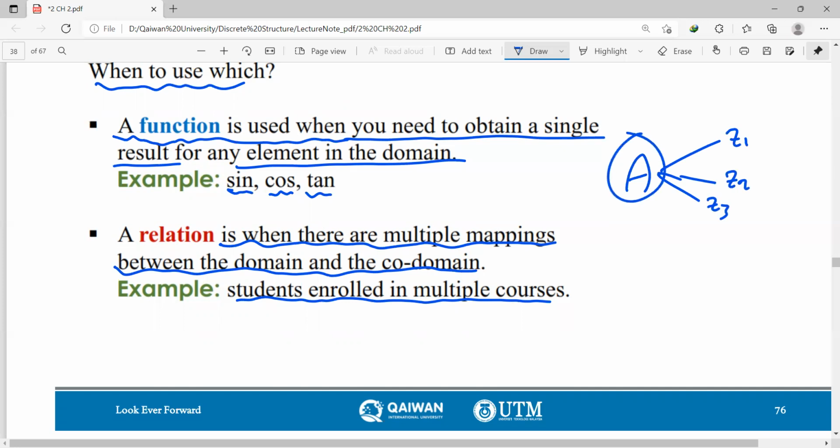And student B enrolled in 3 more subjects, let's say Z1, Z2, and Z4. As you see, for A we have 3 different images, and also for B we have 3 different images. In this case we use relation.